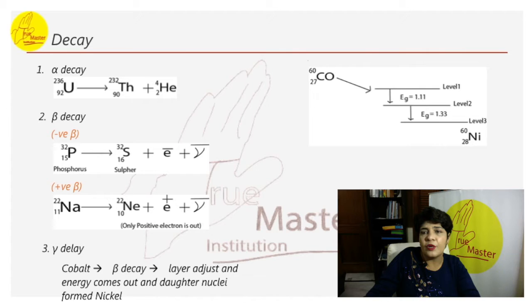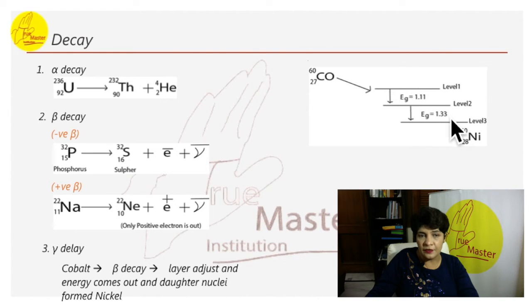Gamma decay is shown through a diagram here. An unstable cobalt undergoes a beta decay, and nickel is produced in the excited state. So nickel reaches a stable ground state after releasing energy. There are levels of energy being released, or light energy, photons.